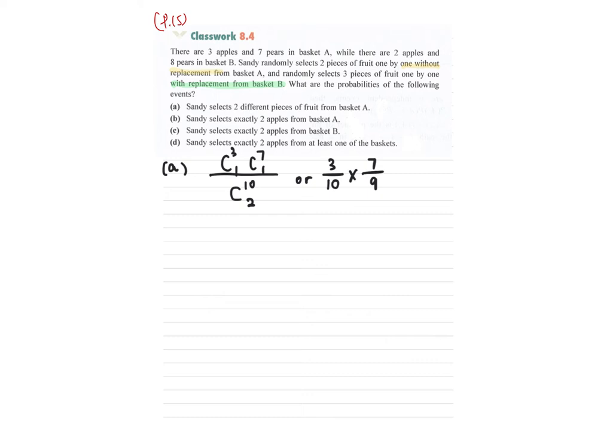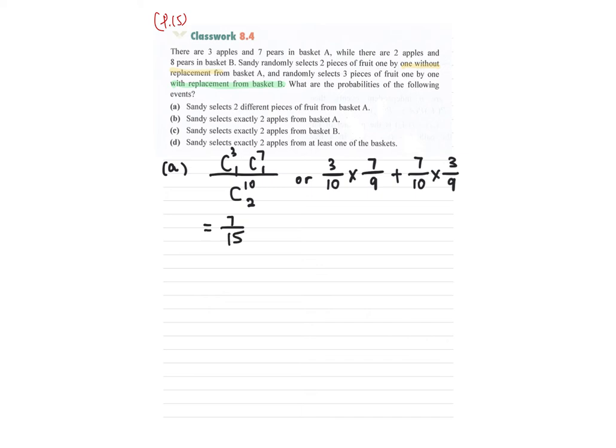And of course, you have to add the other possible outcome, that the first one is the pear and then the second one is the apple, again out of 9. So this is a dependent event.